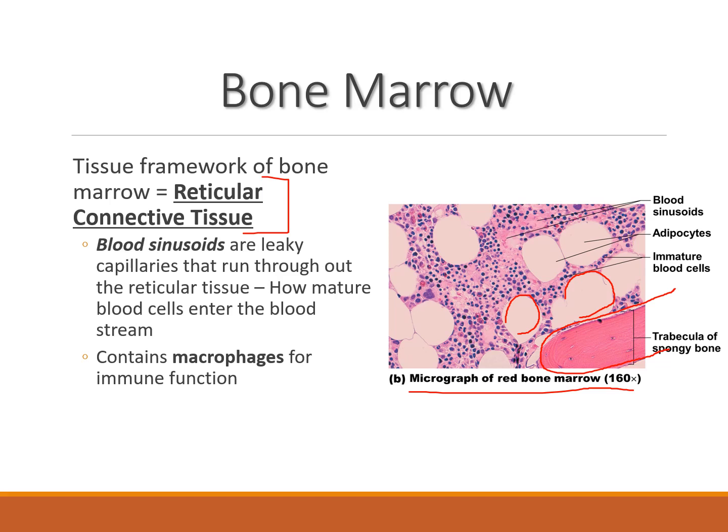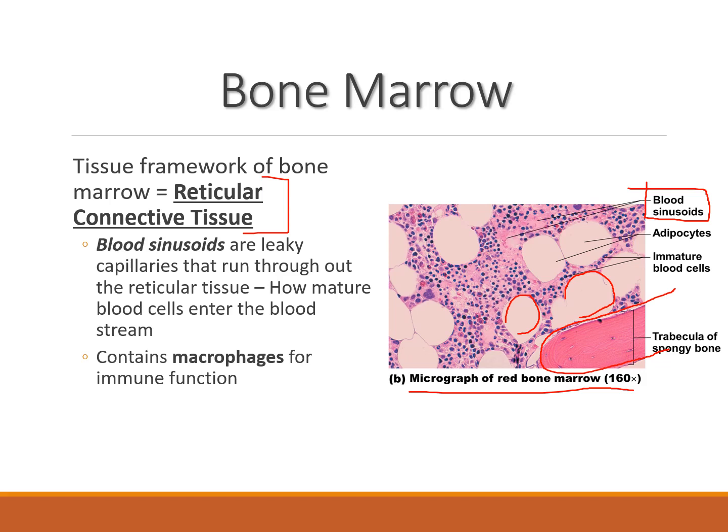And essentially, once they're formed and they're mature enough, they have to get into the bloodstream. So they go through these things called the blood sinusoids. Okay, so we've talked about sinuses before, and essentially they're these very large leaky capillaries, okay? You find them all throughout the bone marrow in this reticular tissue, and it's how the mature blood cells enter the bloodstream.